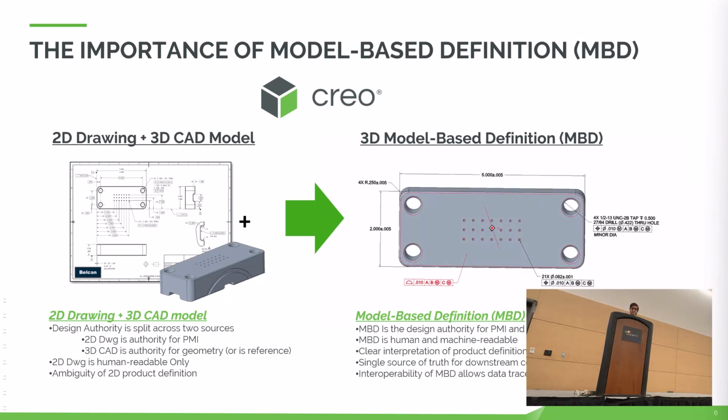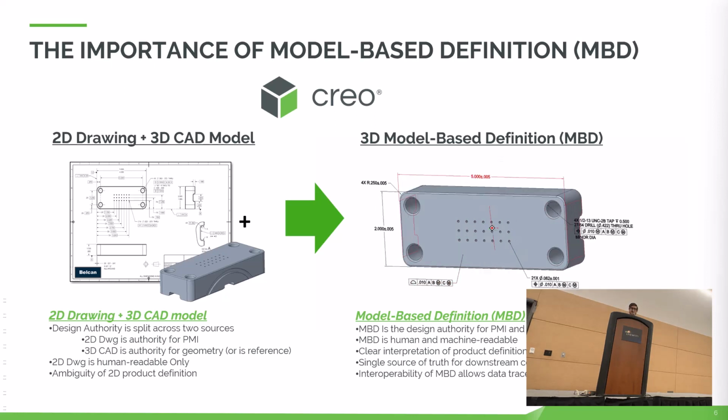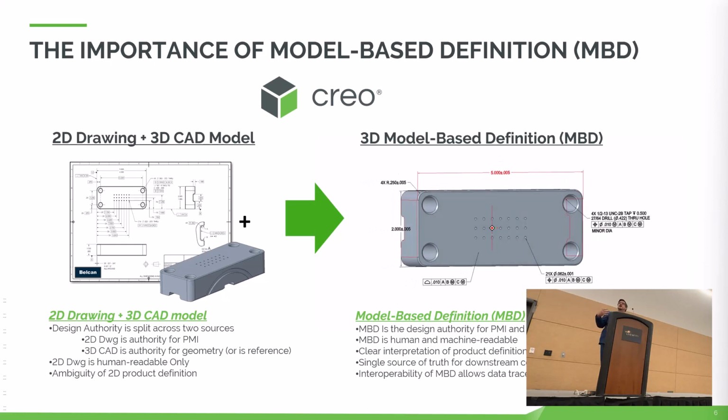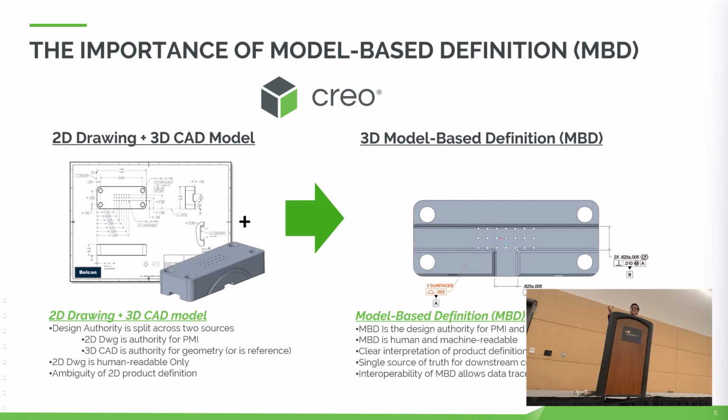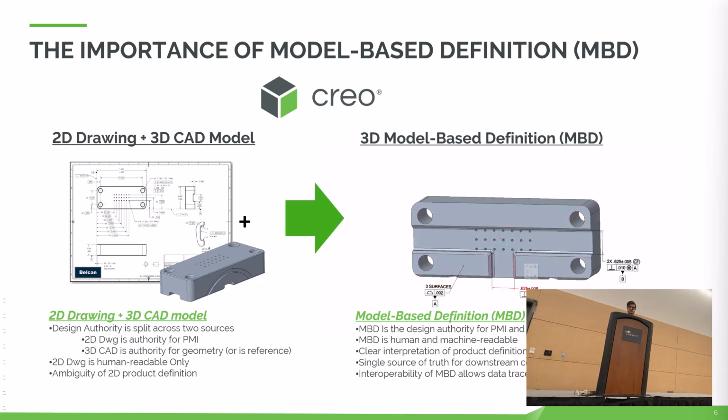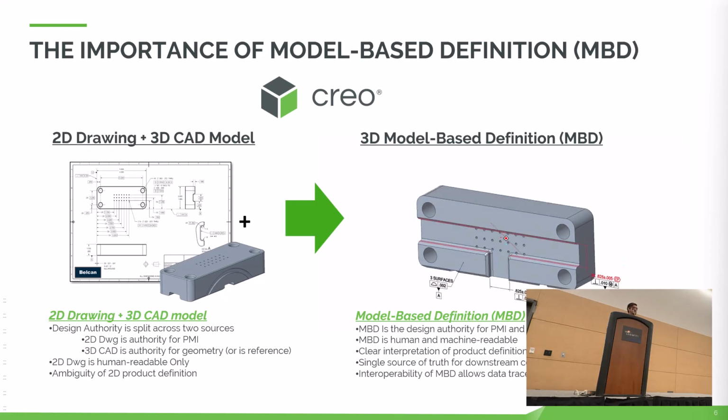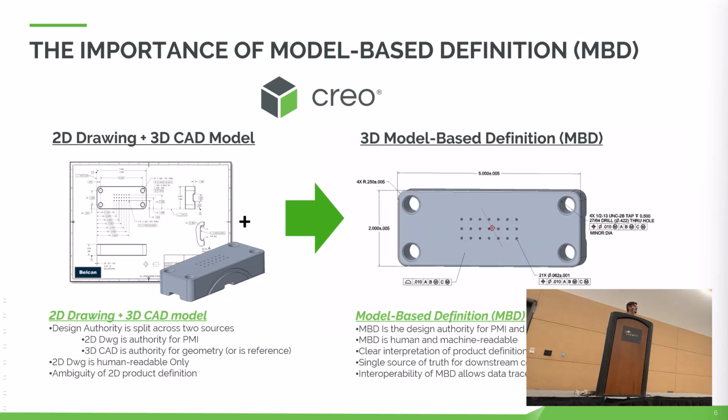And as you can see through the video, I'll use my pointer here, as I select pieces of PMI, the semantic references highlight, showcasing the extent of the boundary that's being controlled. So I can exchange those semantic references and share that with downstream software, but also the human can benefit from interpreting the product definition. So MBD is the single source of truth for downstream consumption and reuse, and it is the desired mechanism for exchanging information with downstream software and tools.